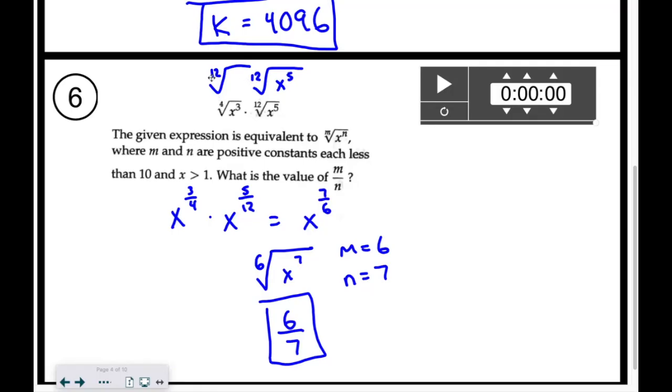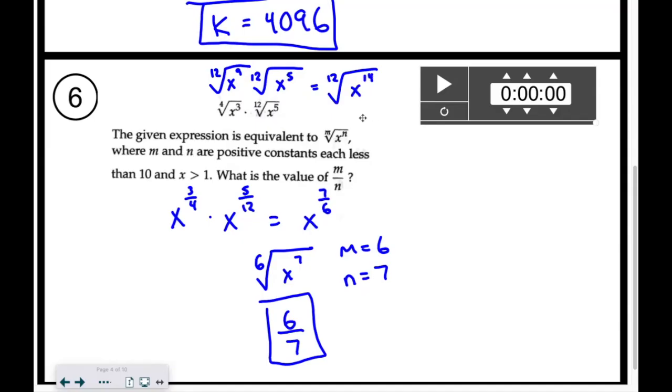If I'm multiplying the 4 by 3, then I multiply the 3 by 3. So this is like x to the ninth. So the 12th root of x to the ninth is the same thing as the 4th root of x to the third. And now you can multiply these to get the 12th root. And then I have to add, I got to do x to the ninth times x to the fifth, which is x to the 14th.